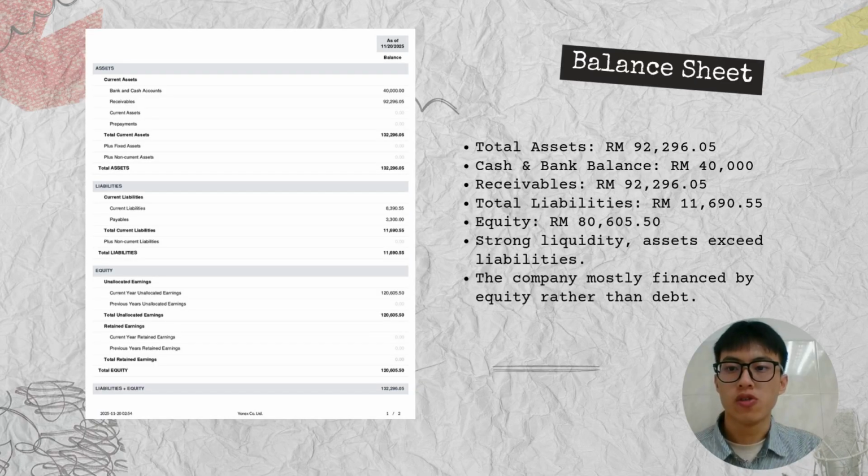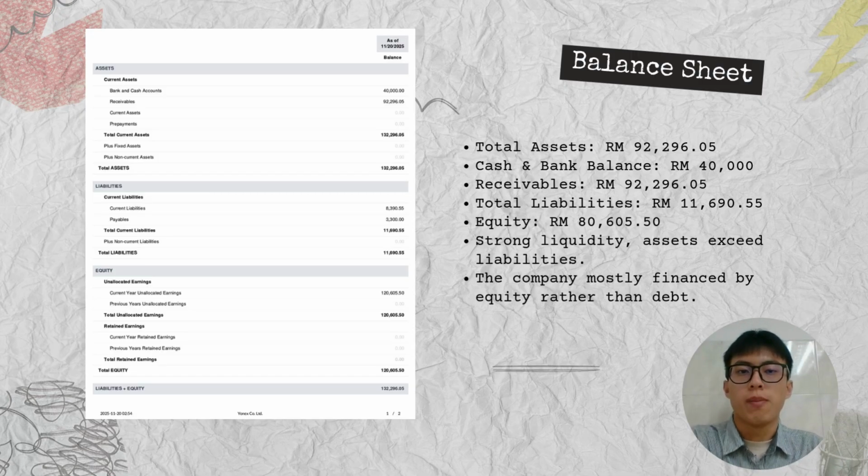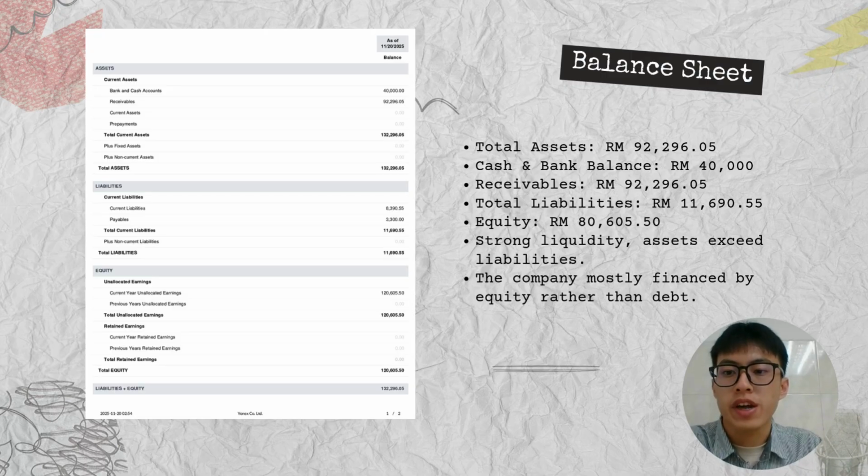This balance sheet shows your next financial position. The company holds total assets of about 92,000 ringgit, with the largest portion coming from receivables and around 40,000 ringgit in cash. On the liability side, your next only carries around 11,000 ringgit in short-term payables, which is relatively low.